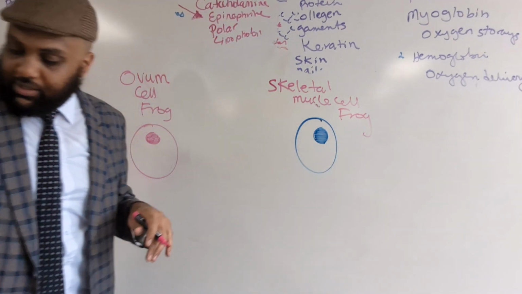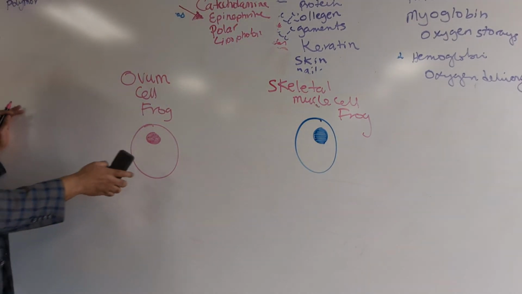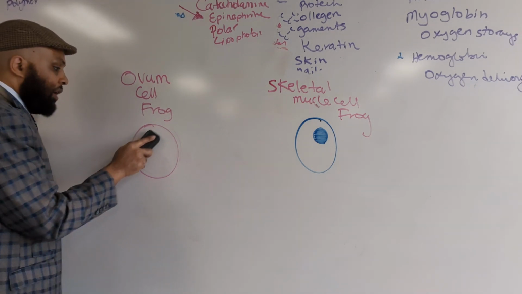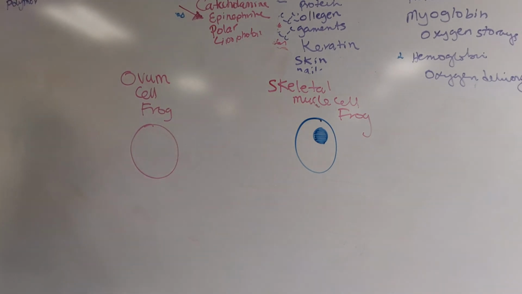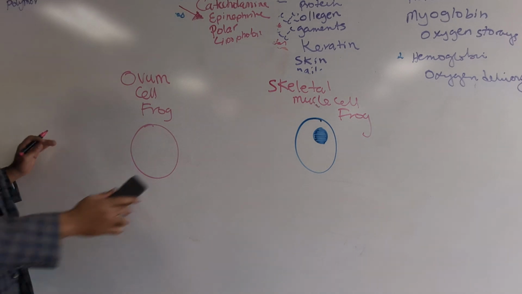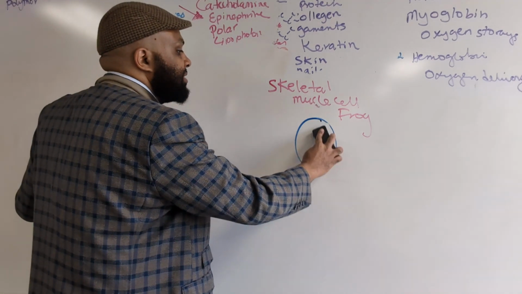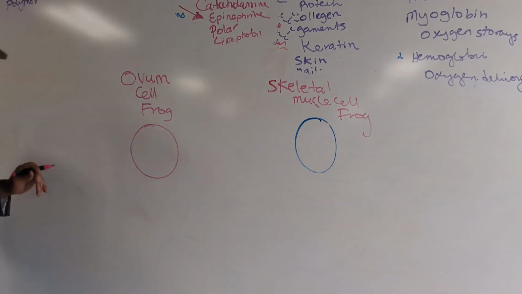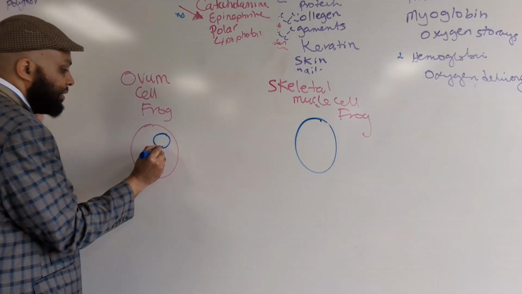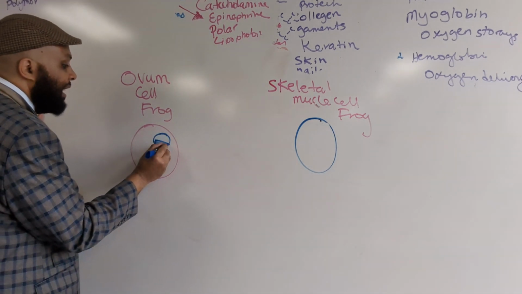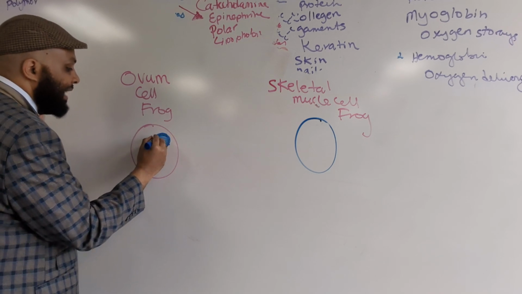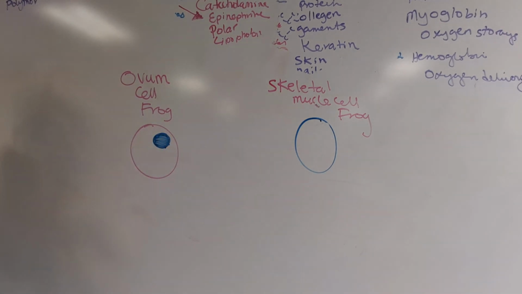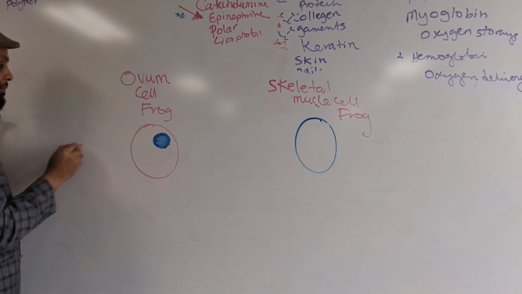So what they did was they removed the nucleus of the ovum cell. So now the ovum cell has no nucleus. And they took out the skeletal muscle cell nucleus and they planted it inside the ovum. So now the ovum does not have an ovum nucleus. It has a skeletal muscle nucleus.